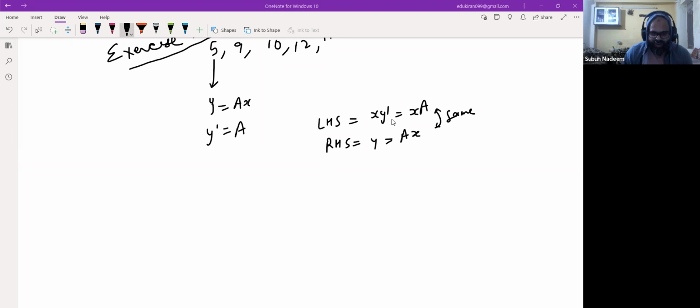So this is x as it is, and y dash as a. This will be xa, and the right hand side is given as y, and y is ax. So left hand side and right hand side are both the same.